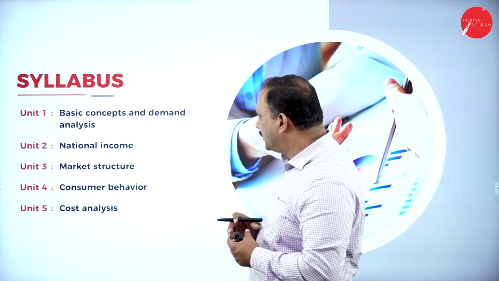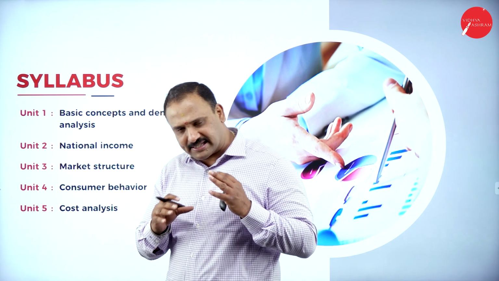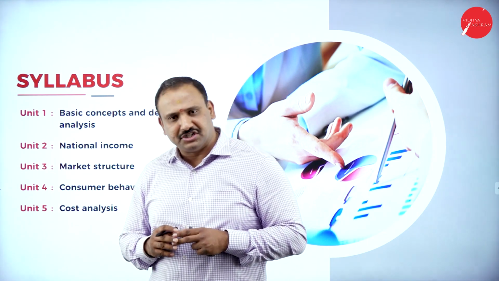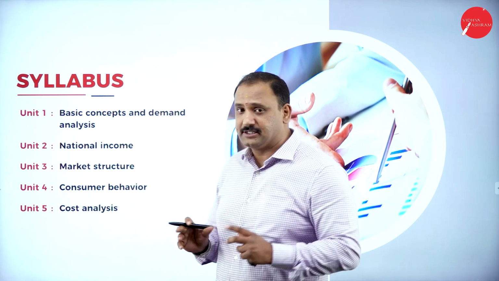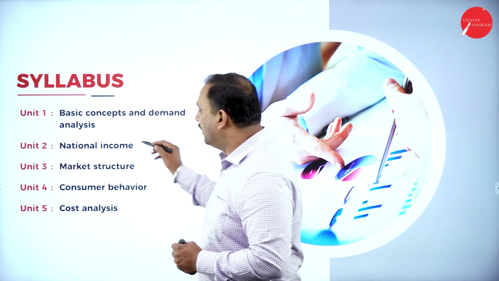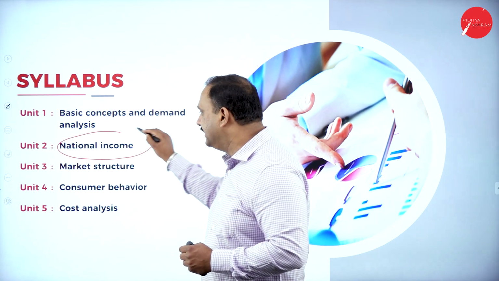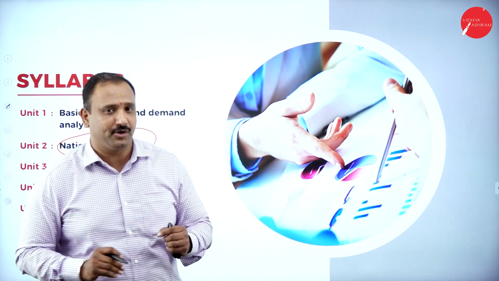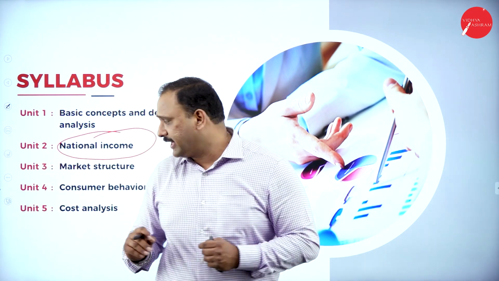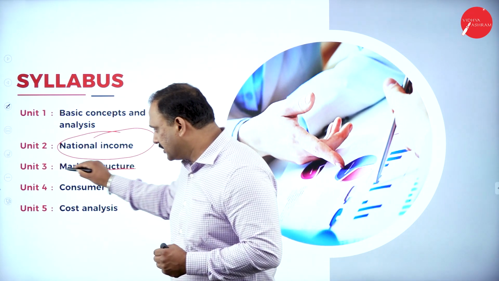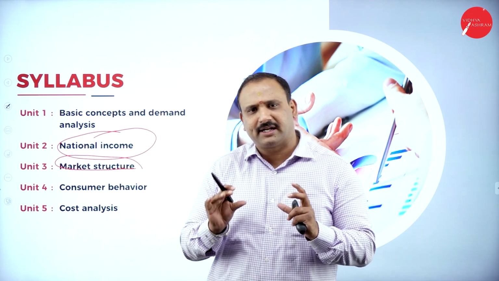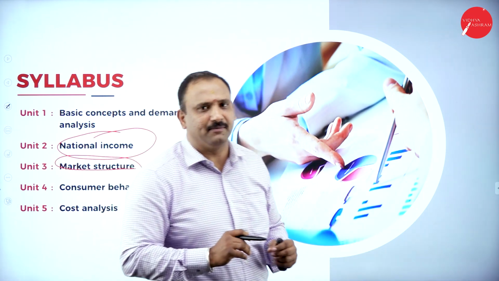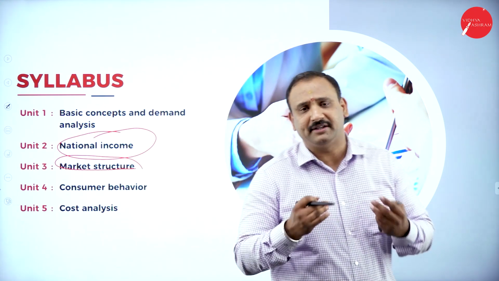So starting with unit 1, we're going to learn about some of the basic concepts of business decision theory and the demand analysis, a very important chapter, followed by the national income. This is becoming a very interesting and important topic in modern days, followed by the market structure. Most of us know that markets behave in a particular manner, but what is the reason behind that behavior?